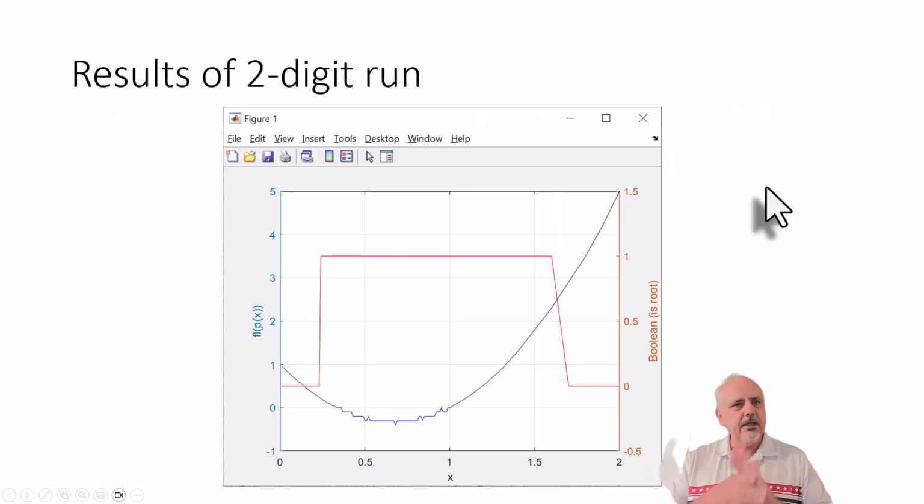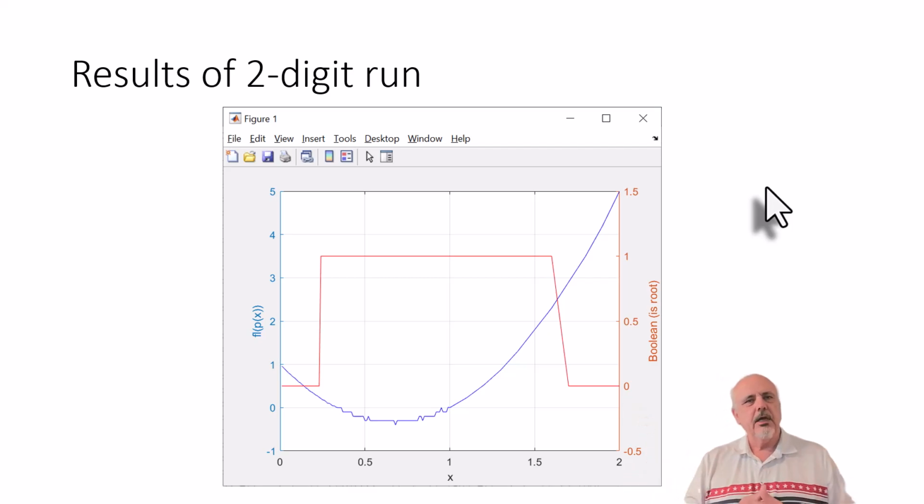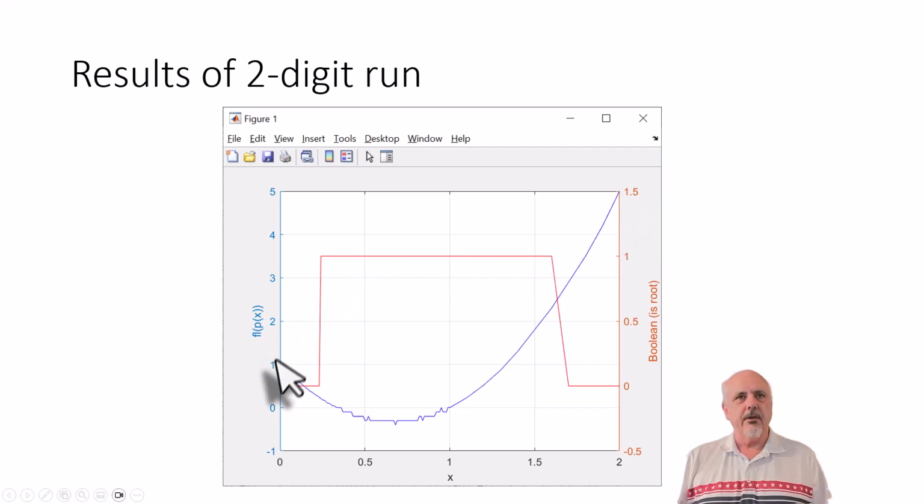All right, so what I did is I took that polynomial and did some calculations using the 2-digit floating point, and then I plotted that out. So the 2-digit floating point is presented here, where I did the 2 digits, did the calculation, and then I unraveled it so that I could plot it. So that's the floating point of that polynomial.